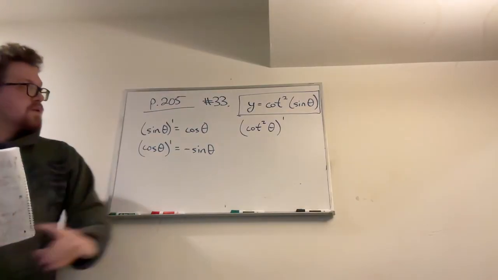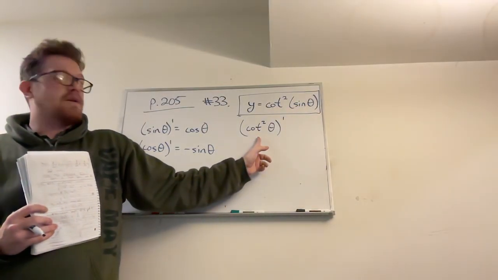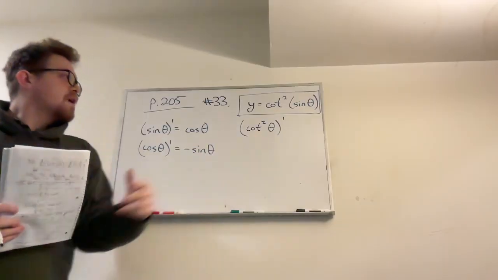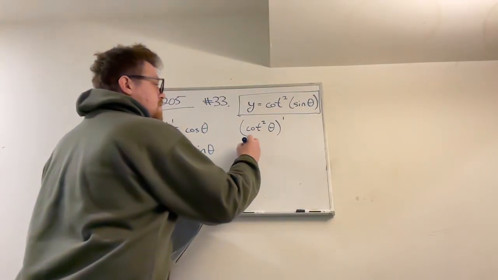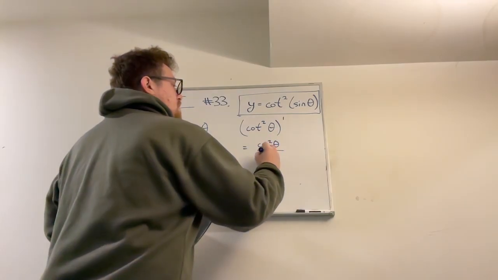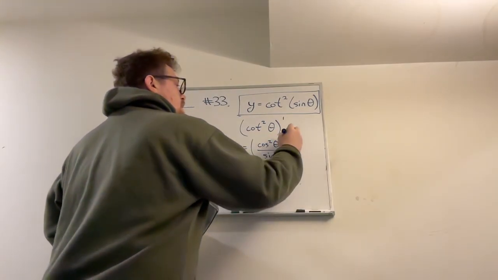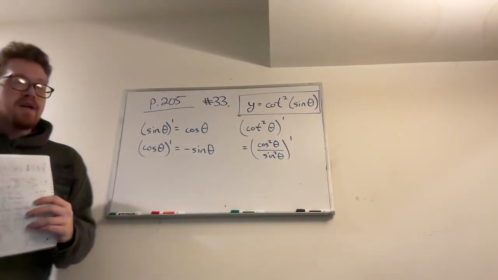And of course we're going to use the chain rule, because this is a composition of sine theta and cotangent squared theta. Cotangent squared can be rewritten as cosine squared over sine squared. And then we can actually use the quotient rule.